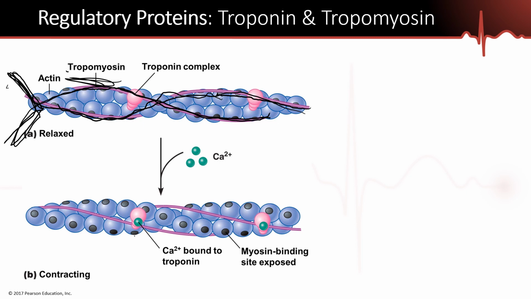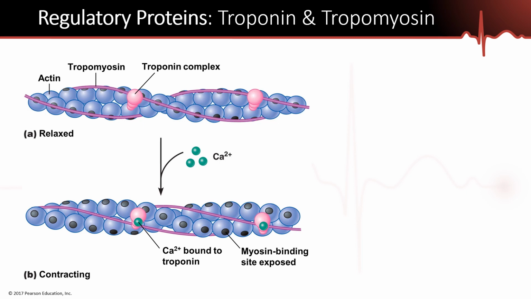The answer is there's another protein that we have to take a look at called troponin. So we have this troponin protein. It's called the troponin complex because it's made up of a variety of different proteins. We're not going to get into the names of all of them, but I will tell you what they do.